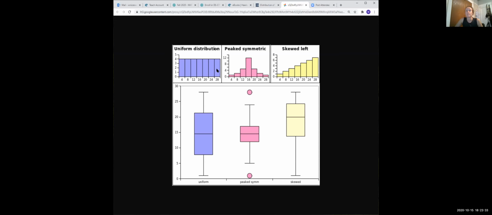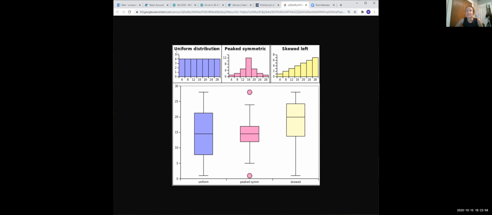I'm trying to think of something that we could say this represents that would be uniform. I don't know, I can't think of an example of uniform, but this frequency distribution is uniform. So even at the edges, there's the same number of people at 4 as there is at 16 as there is at 28, okay?